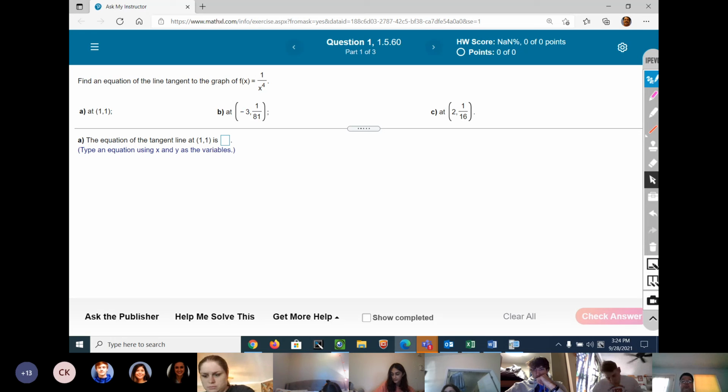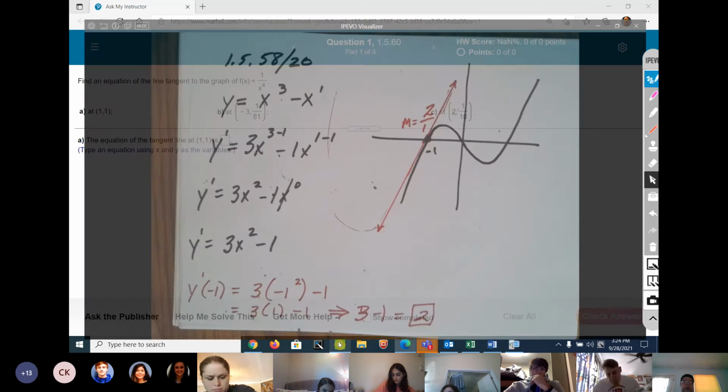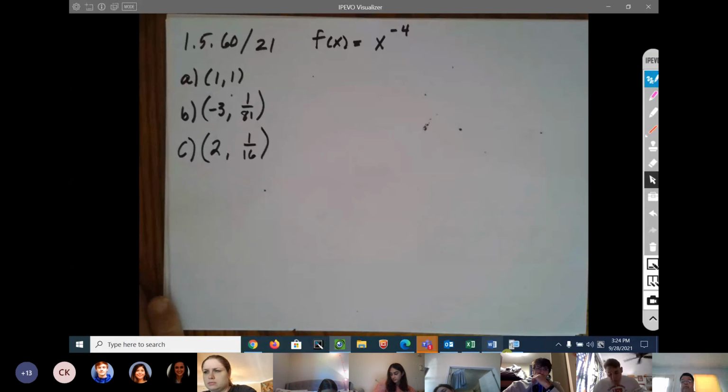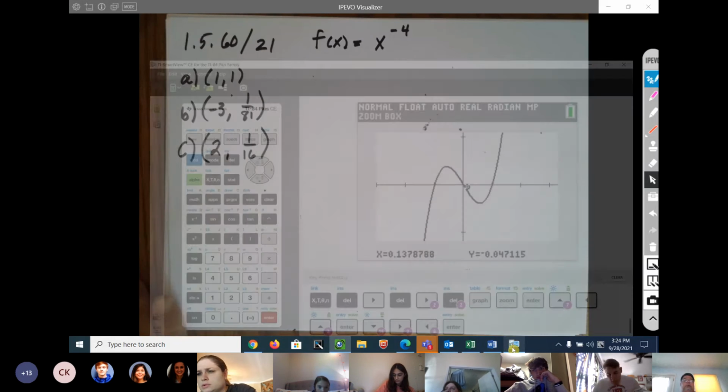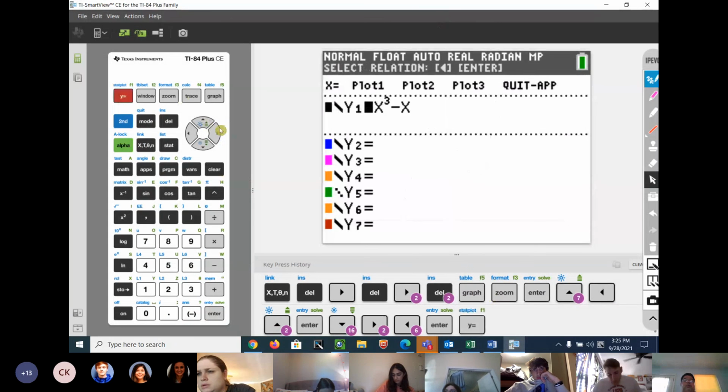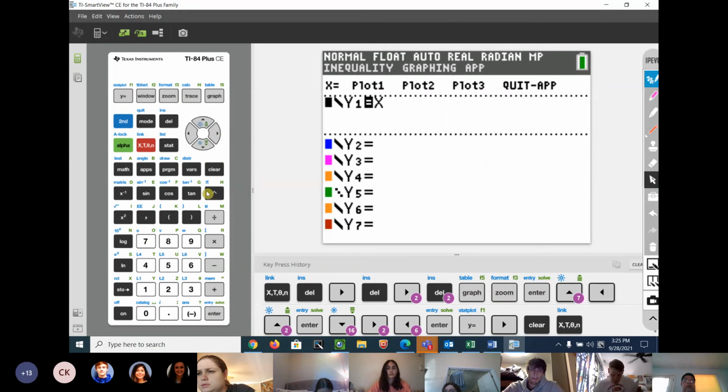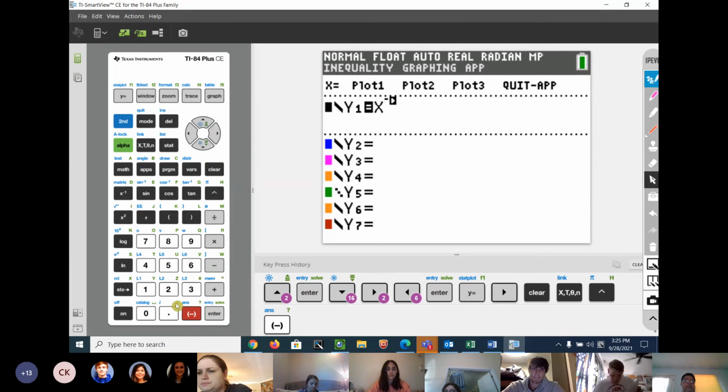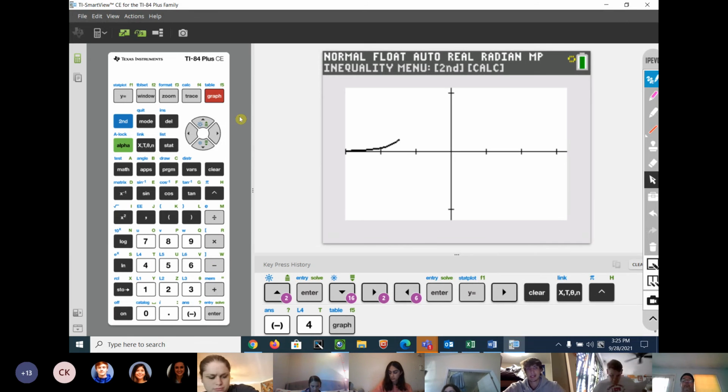So this is what it looks like. And I will graph it right quick. y is equal to 1 over x to the 4th. It's going to be a parabola shape. Oh, I'm sorry, it's 1 over x to the 4th. Yeah, it's going to be a volcano, sorry.